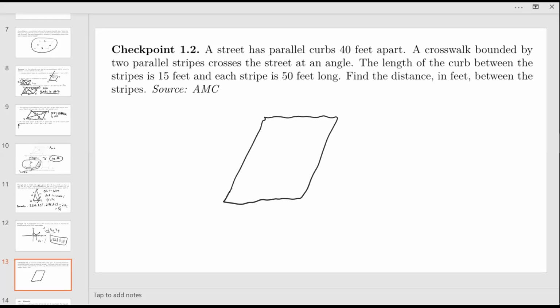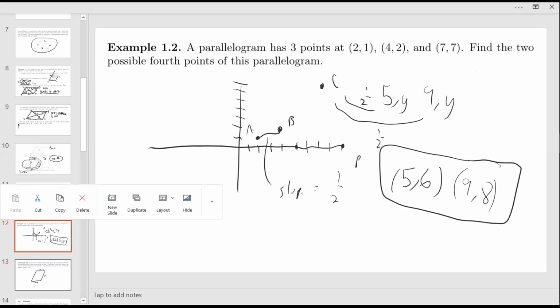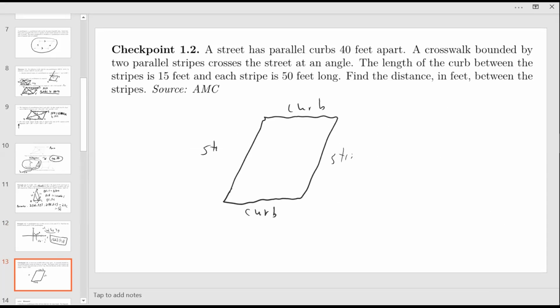This is the curb, and you have the two stripes here on the side. It says that it has parallel curbs 40 feet apart, so this distance must be 40. And then a crosswalk crosses it at an angle.